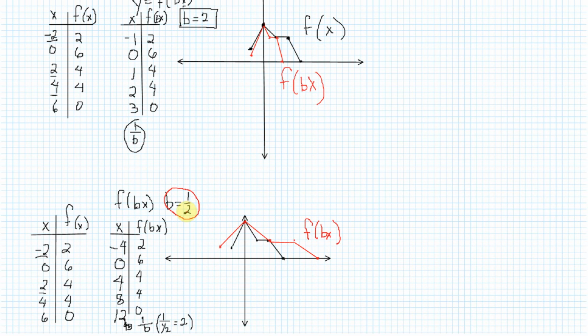And again, we have that inverse relationship for our stretch factor. I'm going to stop now and let you get on with the rest of your studies for lesson 1.1.2, reflections and stretches.